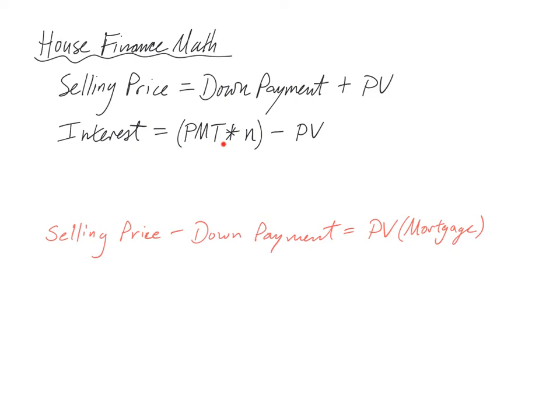So this is how you can figure out the interest and the selling price, or maybe what the present value would be. If you know the selling price and your down payment, you can find out how much the mortgage would be and then figure out payments from there, because you'll know a present value, you'll know an interest rate. If you go into buying a mortgage and not knowing your interest rate, get out.